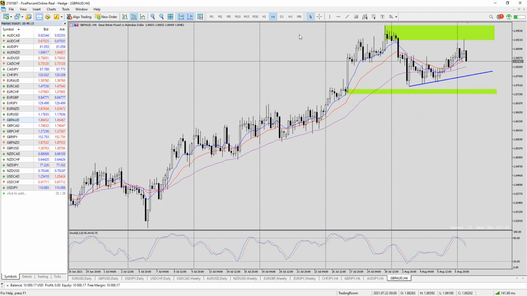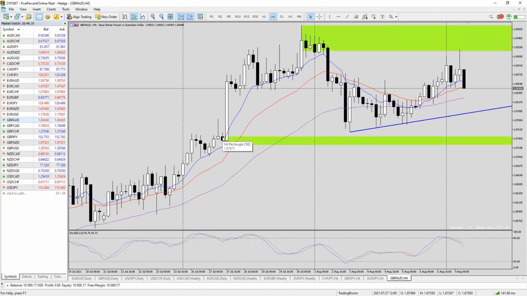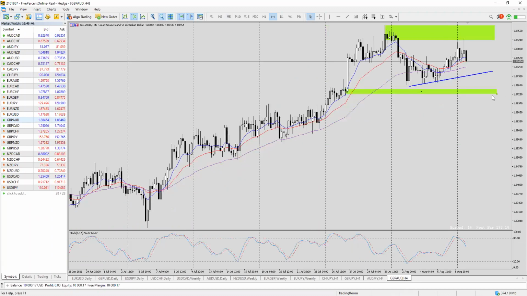And I draw the demand by connecting the bodies of the two candles, the candle from which the buyers came, and the previous candle, the open of the body in this case. So the top of the demand zone and the bottom of the demand zone is right at the bottom of the bearish candle. So this is the demand zone.